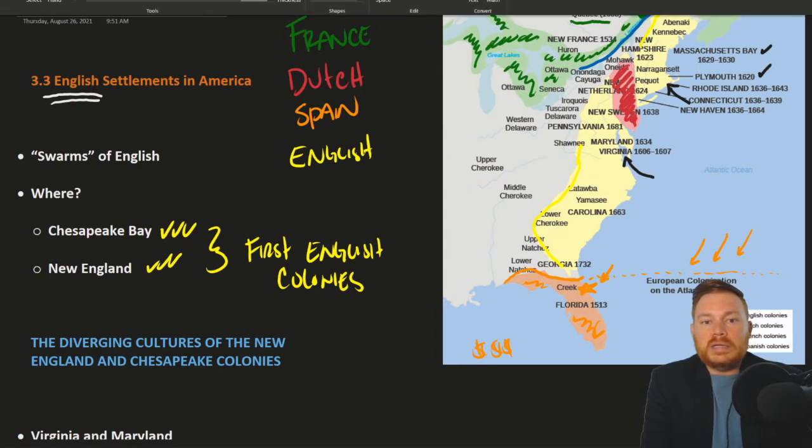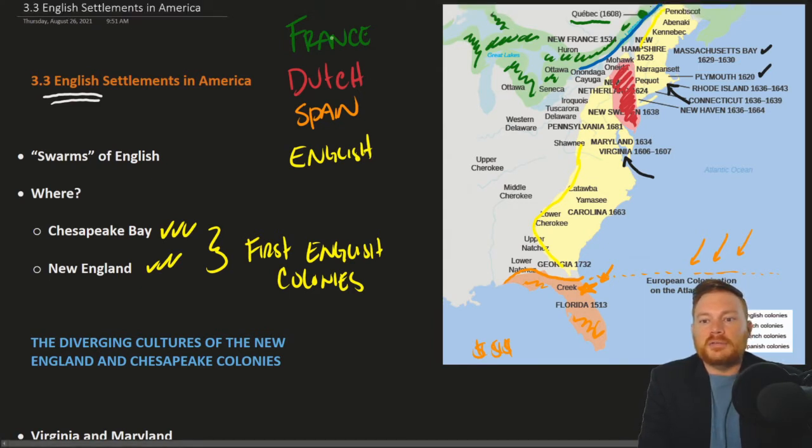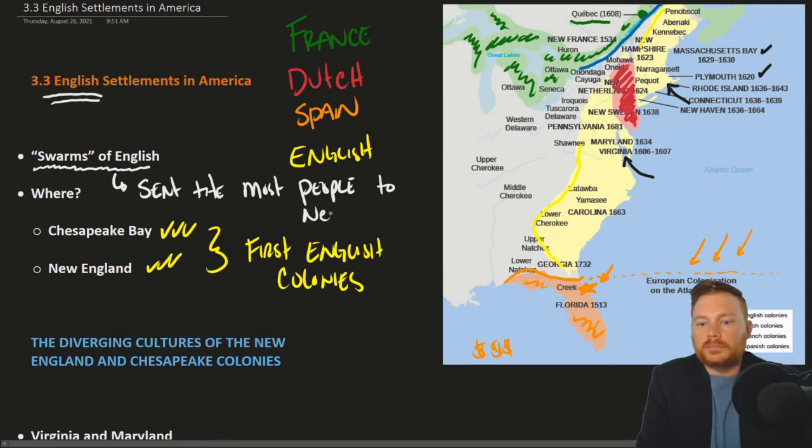But one thing that made England different than their French, Dutch, and Spanish counterparts was just the sheer number of people the English sent to the New World, sometimes described as the swarms of English. So we might write that England sent the most people to the New World.